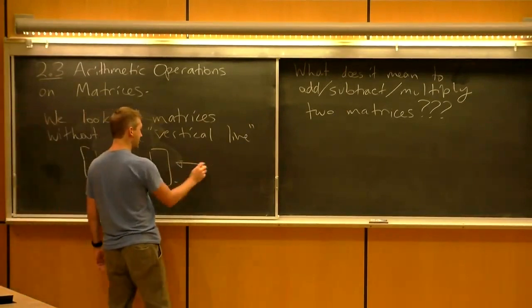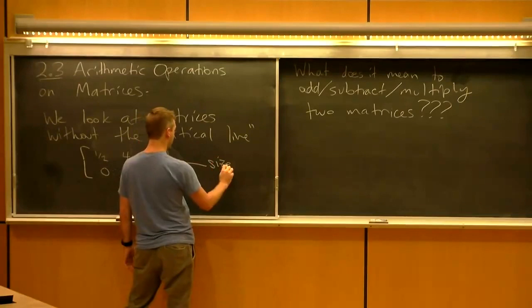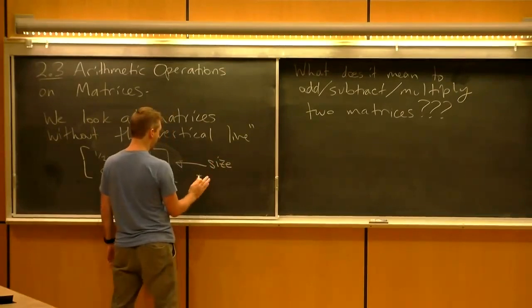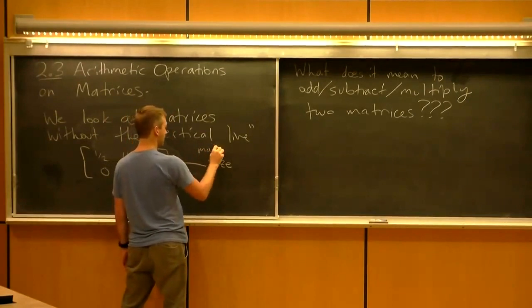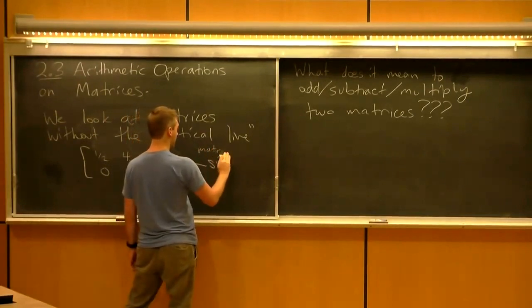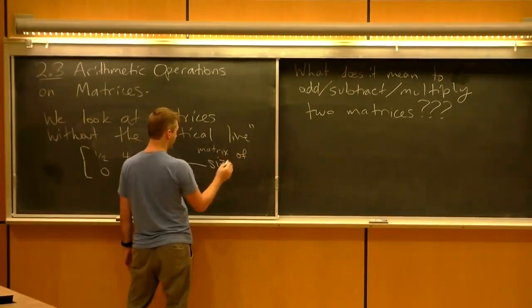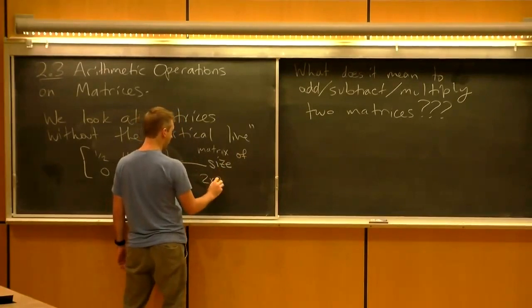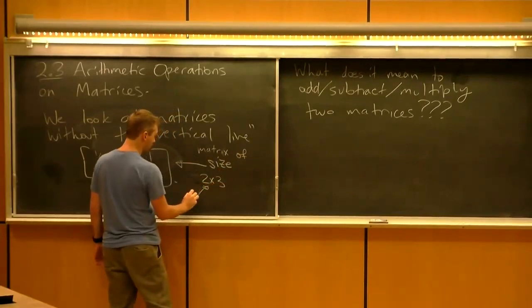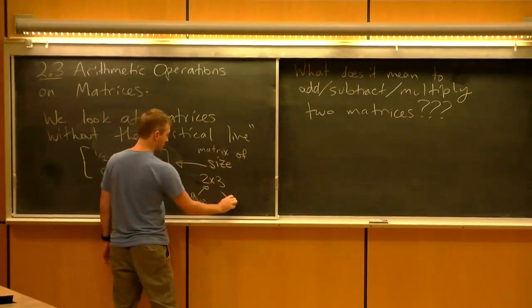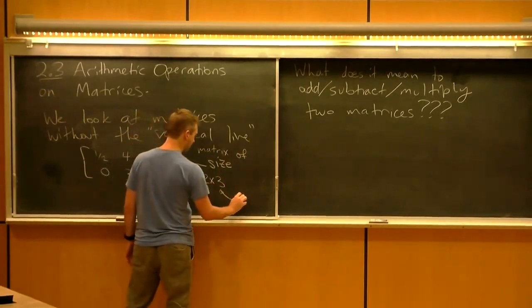So this is a matrix of size 2 by 3, where 2 is the number of rows and 3 is the number of columns.